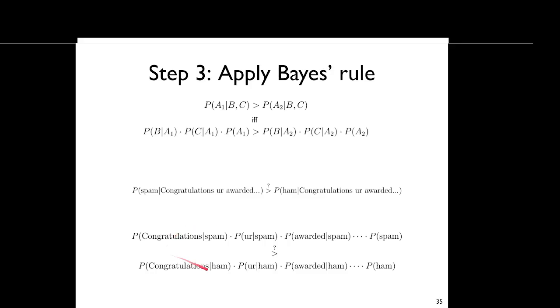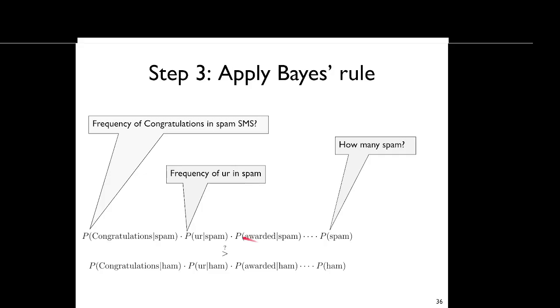Now, how difficult or easy are these likelihoods to calculate? Let's figure this out. Well, the frequency of "congratulations" in spam messages, that's easy. Just take all of the spam messages and count how frequent "congratulations" is. Normalize that by the amount of spam, and it gives you the probability. Frequency of "your" in spam, also easy. So all of these conditional probabilities are really easy to calculate for a data set.